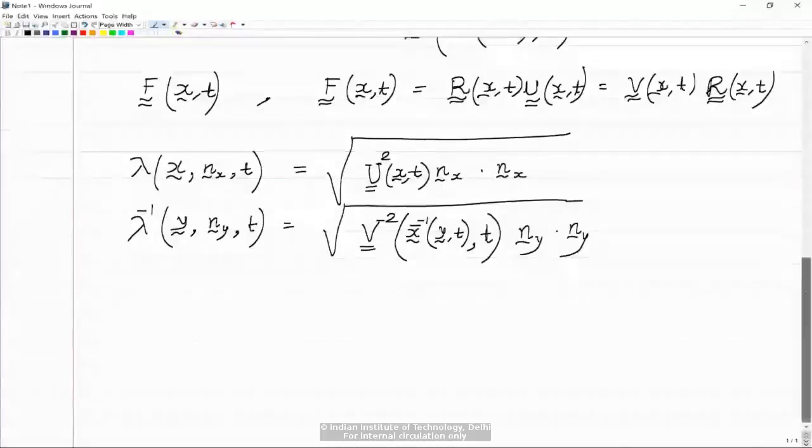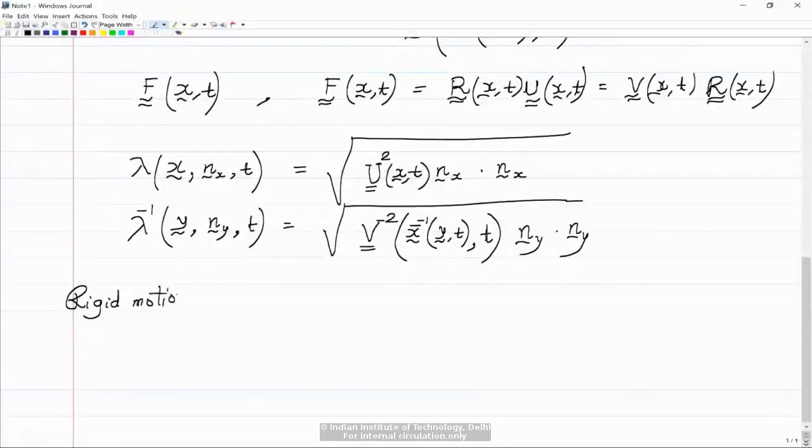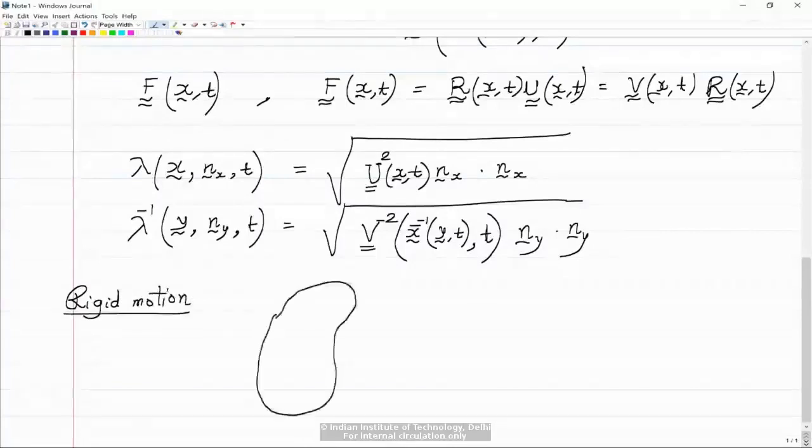So let's begin with the example of rigid motion, where the body is not undergoing any change in shape or size. It's just undergoing rigid motion. So in rigid motion, the shape or size are not changing, right? It's the same.